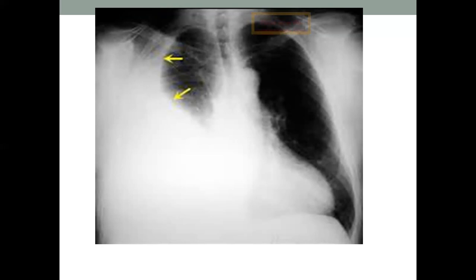You can interpret this X-ray as homogeneous opacification of the right mid and lower zone, and also some part of the upper zone with a meniscus sign. So this is a right-sided pleural effusion. When you see an X-ray like this and the previous one, then one should do chest ultrasound.